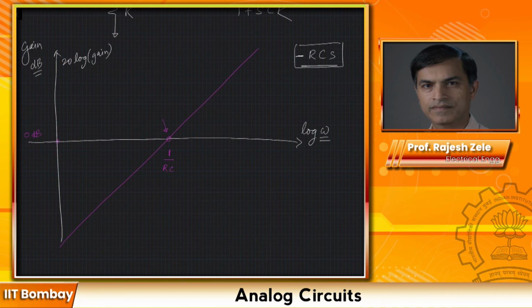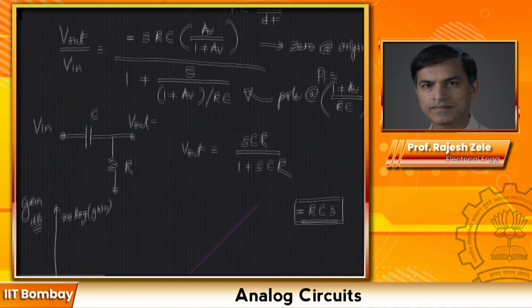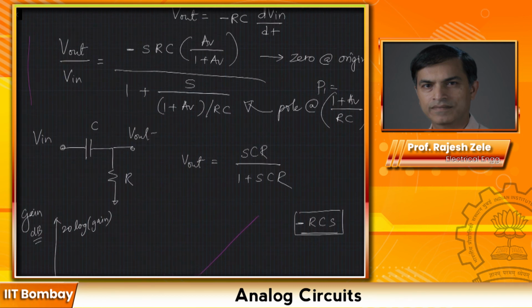As soon as we look at the effect of the op-amp's finite gain AV, what we see is the 0 is still at the origin, so that part remains the same. However, there is a pole introduced at this particular frequency, 1 plus AV divided by RC.